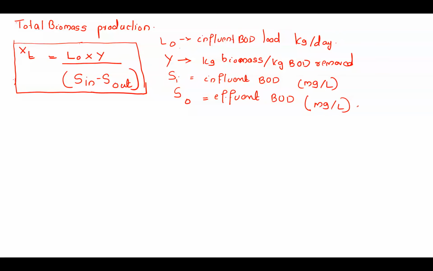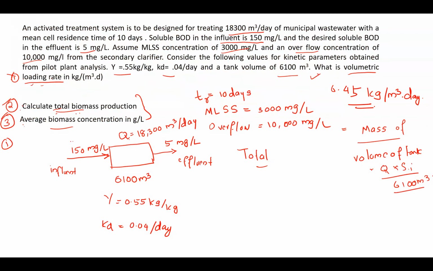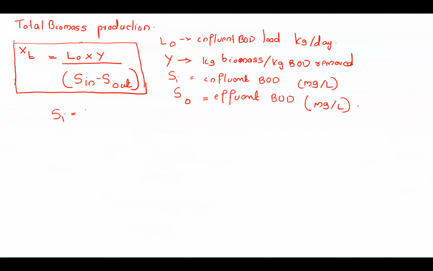Now what you have to do is see here Si, which is the influent BOD, given here as 150 milligram per liter. So convert it into kg per meter cube.